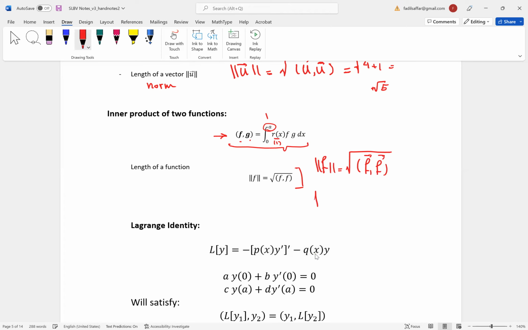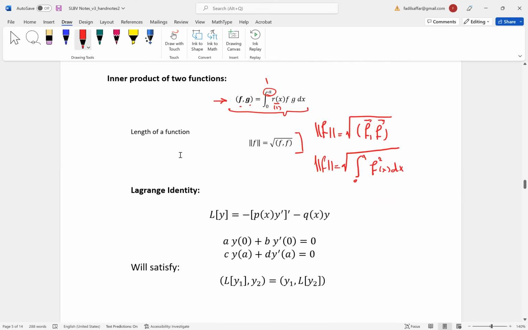So if we rewrite it, that would be the square root of the integration from 0 to a of f squared dx, if r equals 1, and that is the length of a function. We'll need that as we move on.